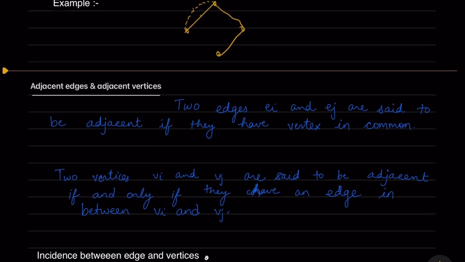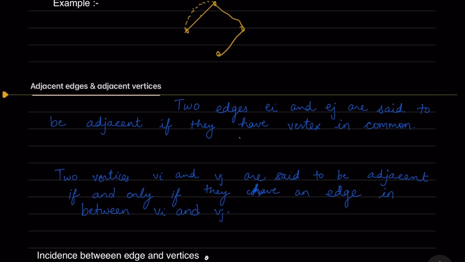The next definitions are related to adjacent edges and adjacent vertices. Two edges Ei and Ej are said to be adjacent if they have a vertex in common. Let us suppose this is an edge E1 between V1 and V2, and this is another edge E2 to V3. Two edges E1 and E2 are said to be adjacent if they have a vertex in common.